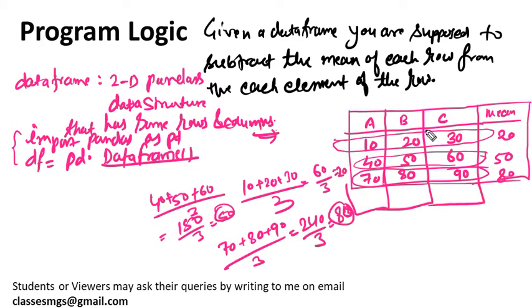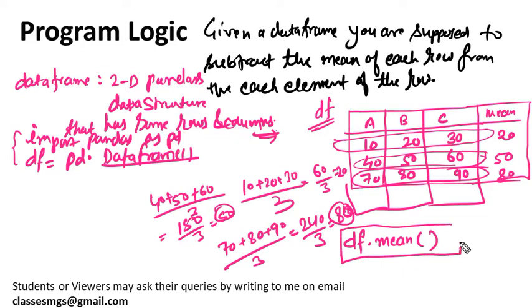Okay, so what function do we use? Let's suppose this is the data frame df, then we can use the df.mean() function to calculate the mean of the data frame. If you don't pass any argument in the mean, then by default it will calculate the mean column wise.